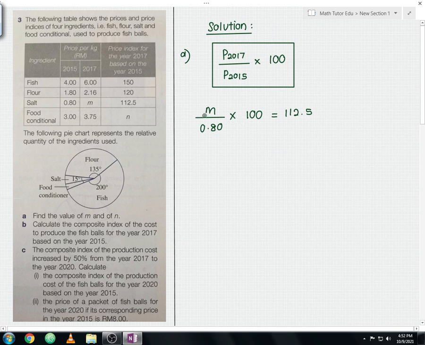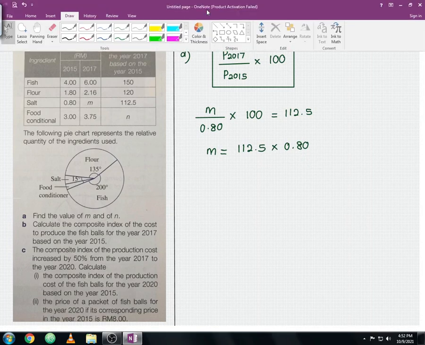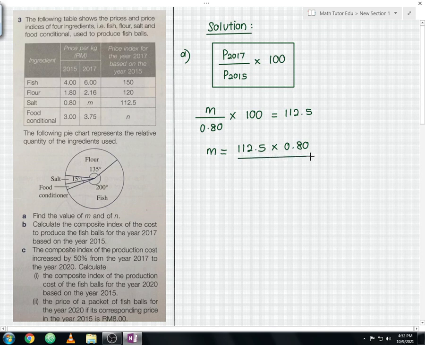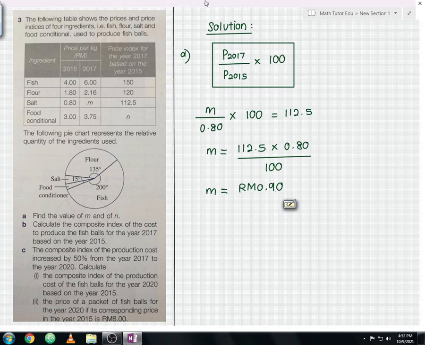In order to calculate M, M will be equals to 112.5 times 0.80, divided by 100. You perform this calculation, you should get your value of M is equals to 90 cents, RM 0.90. So this is your first solution. Let me underline this.